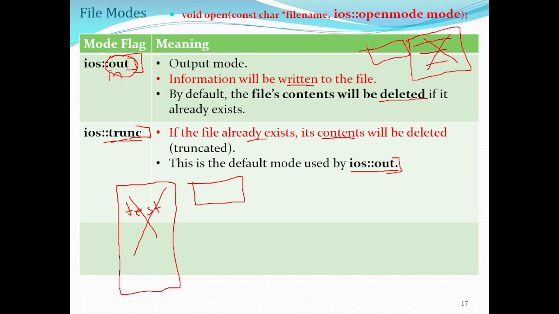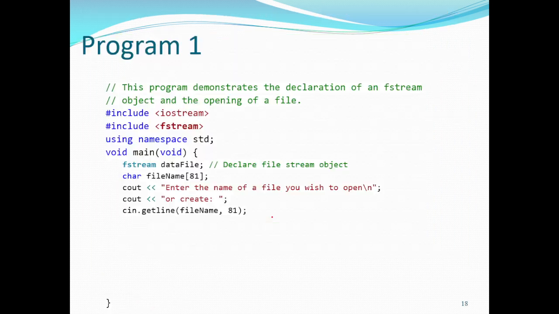If we want to keep the data in the file, we need to open with the app flag, which means we write everything at the very end. We are not deleting anything. So I think it is clear.